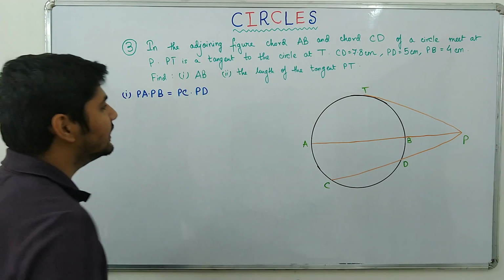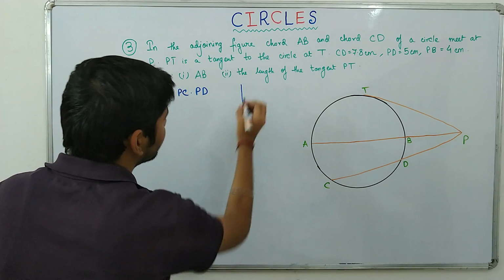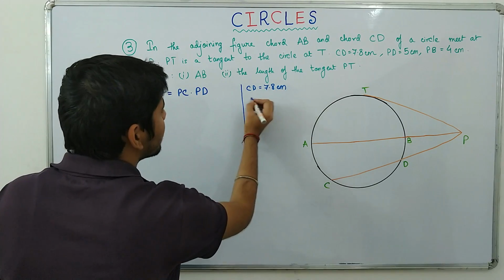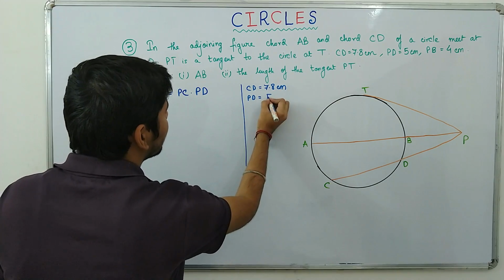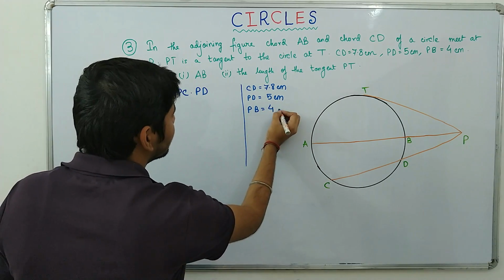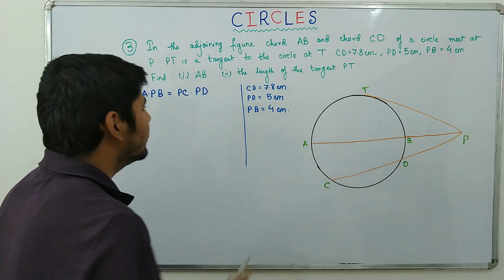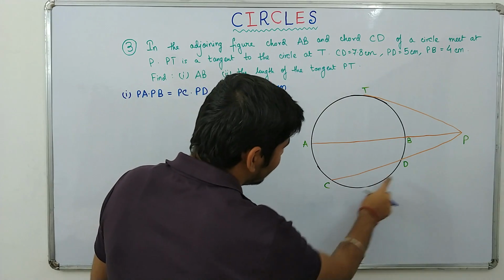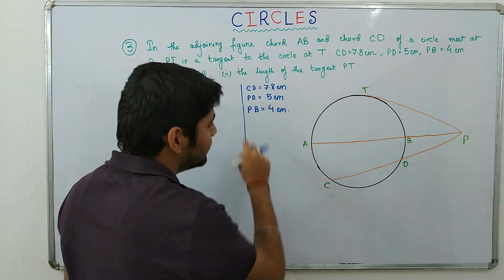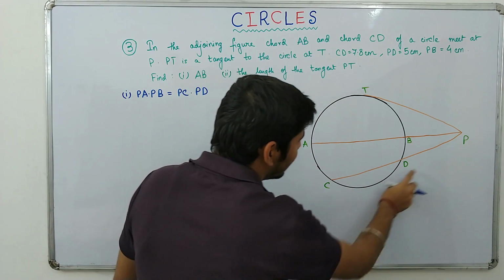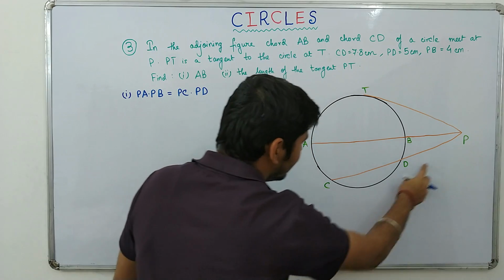Now let me write down the things that are given. CD is equal to 7.8 cm, PD is equal to 5 cm, and PB is equal to 4 cm. Now CD is given and PD is given. What is CD? This length is CD, and what is PD? This length is PD. So if we add up both the lengths, we will get the length of PC.